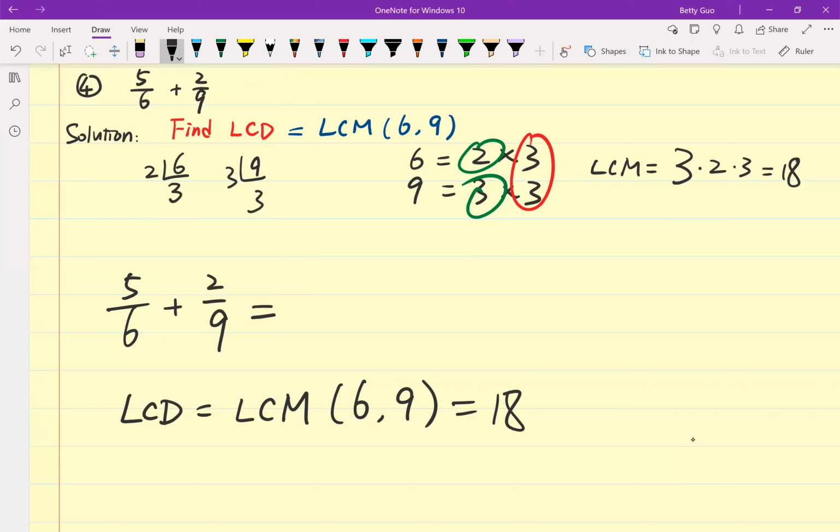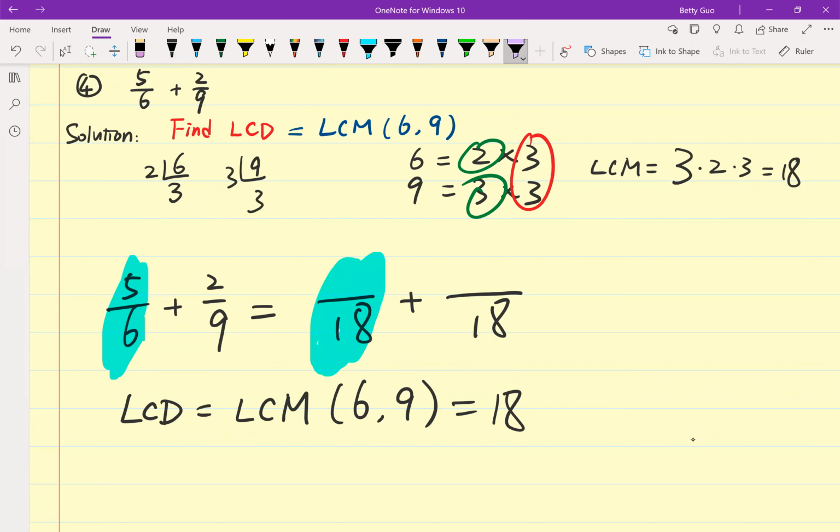All right, so we are going to write the two fractions as their equivalent fractions with the same denominator 18. So now we know that's the direction we are going to go. So the blue one is going to become this blue one. The purple one is going to become this purple one.